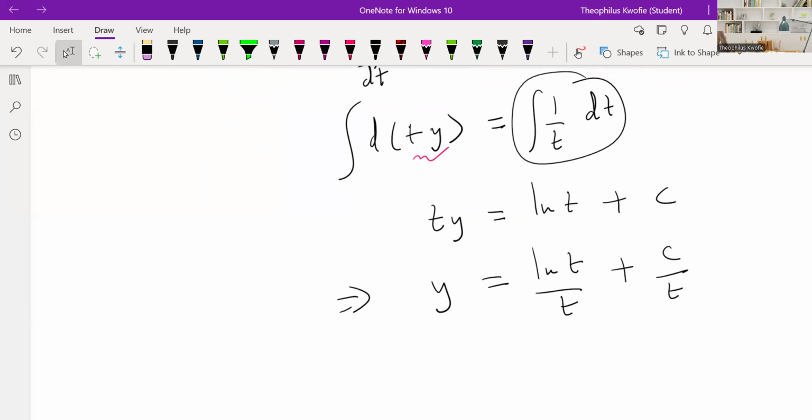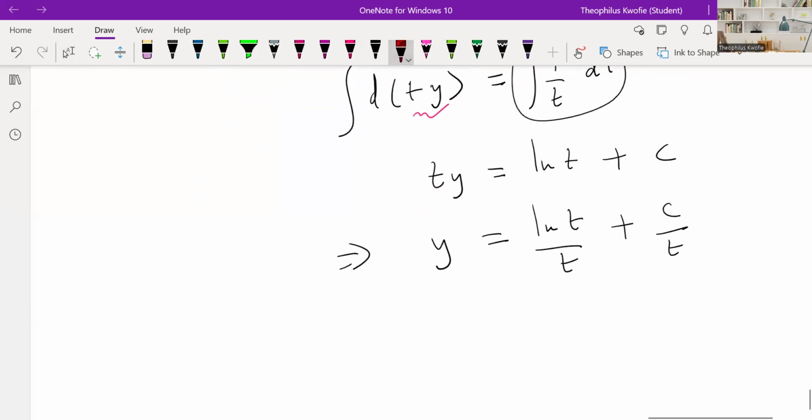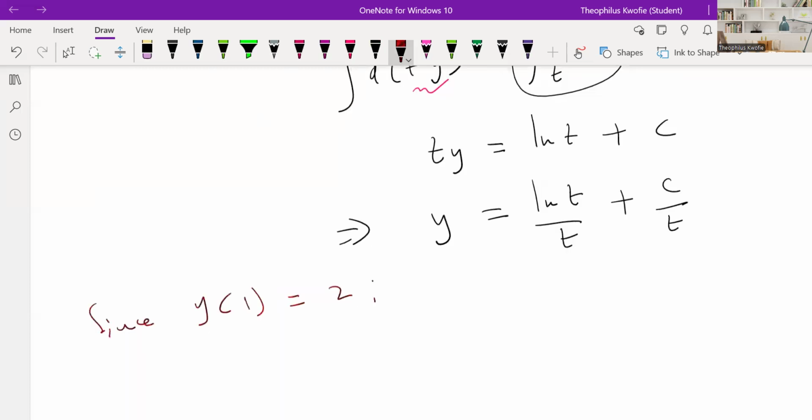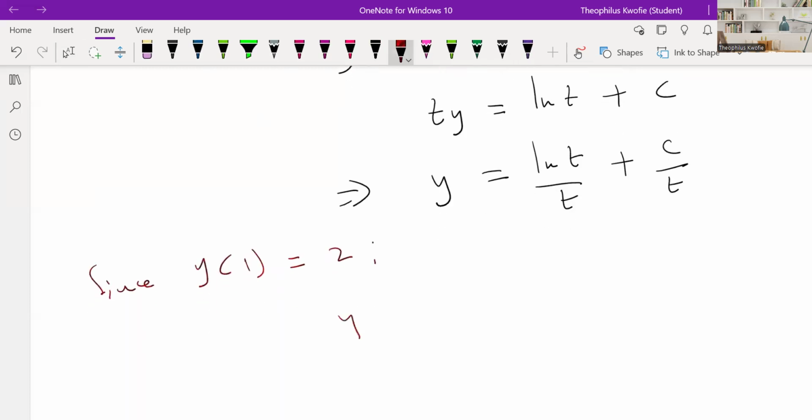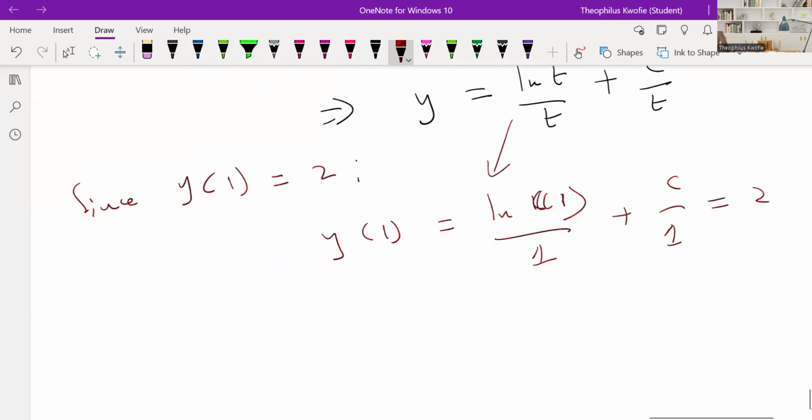But remember that there was a restriction: we were given an initial condition. We said y of 1 equals 2. So wherever I see t, I should replace it by 1, then equate the result to 2.